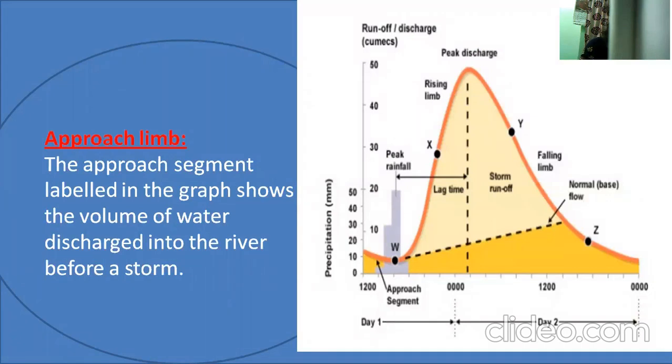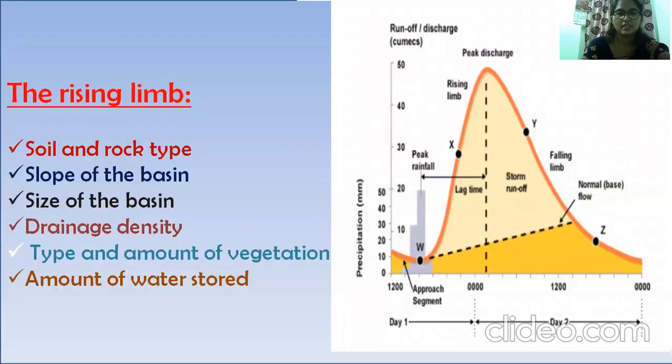The next one is the rising limb. When the precipitation starts, the discharge into the river is negligible.